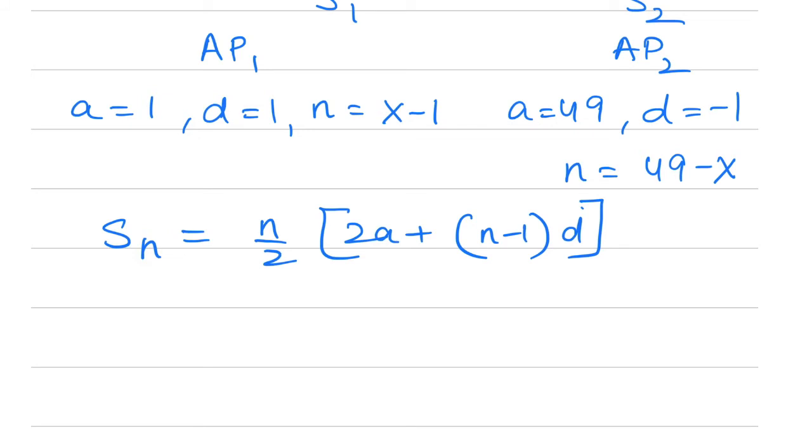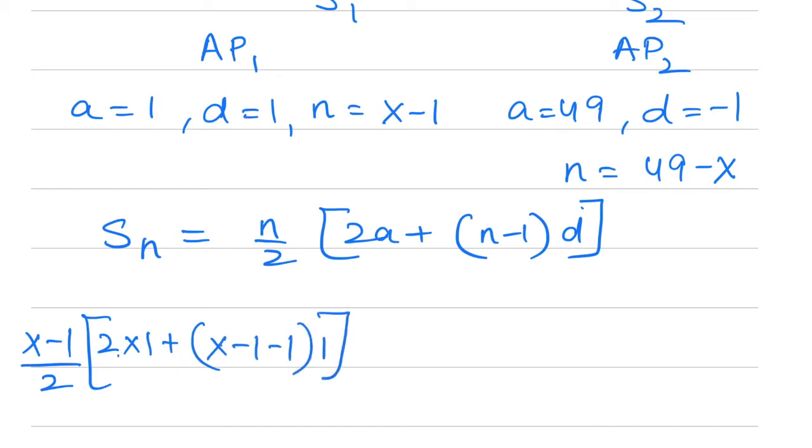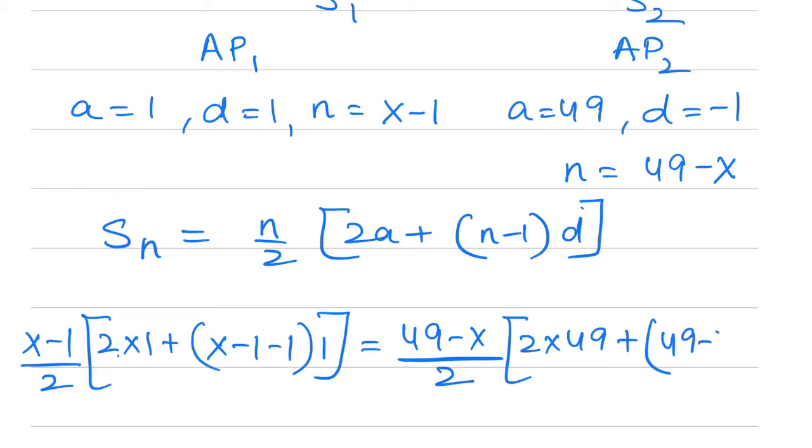So here we have N as X minus 1, so X minus 1 by 2 and 2 into 1 plus N minus 1. So N is X minus 1, minus 1, D is 1. This is equal to N here is 49 minus X divided by 2 and 2 into 49 plus N is 49 minus X minus 1 into minus 1.